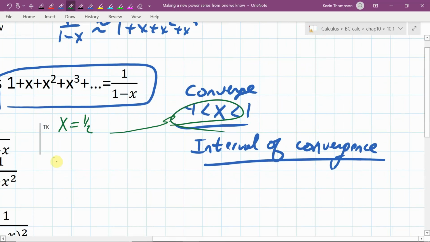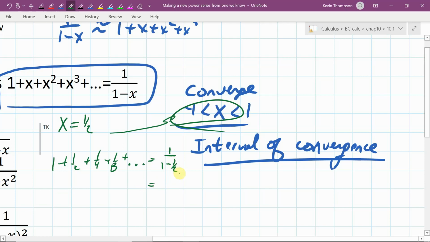So that would say 1 plus 1/2 plus 1/4 plus 1/8 plus ... is the same as 1 over 1 minus 1/2. And we did this one the other day, and you know that answer is what? I just wrote it. It's 2.